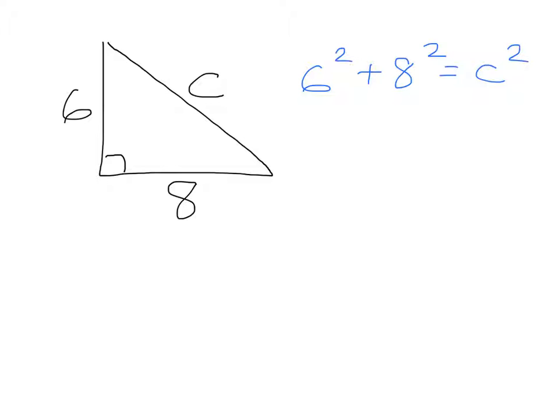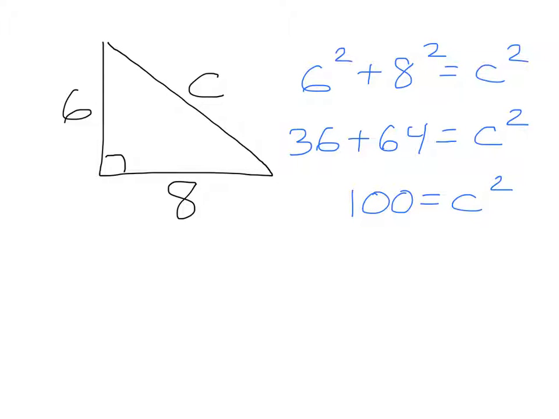Now, I could figure out 6 squared easily. 6 squared is 36. I could figure out 8 squared, that's 64. And c squared, well, that's c squared. I can do 36 plus 64, that's 100, and that equals c squared. But the fact is, I don't want c squared. I want c.